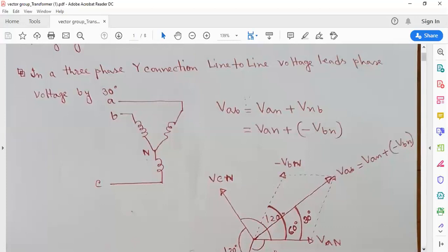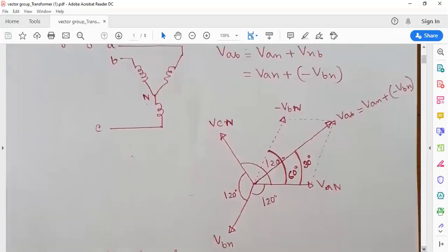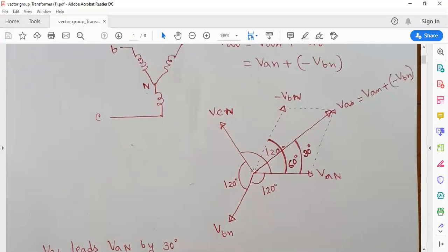Now we are going to draw the vector diagram. This is the vector diagram. VAN is along the x-axis, so VBN will be 120 degrees lagging, and VCN will be another 120 degrees lagging. Now VAB will be VAN plus minus VBN. Minus VBN will be along this direction.